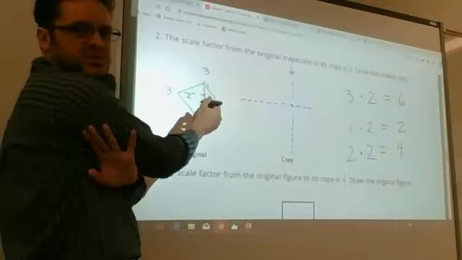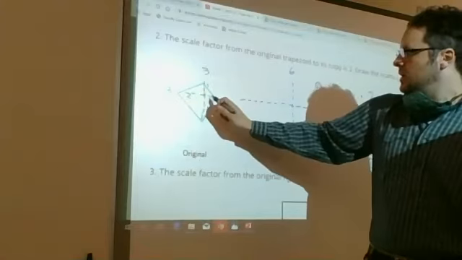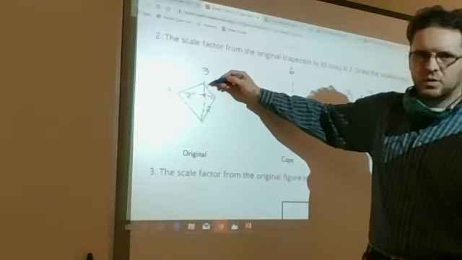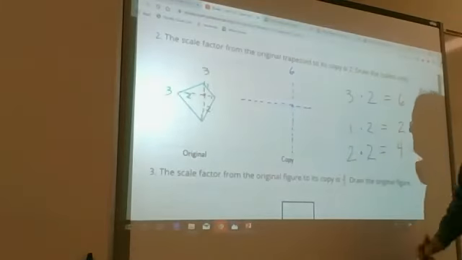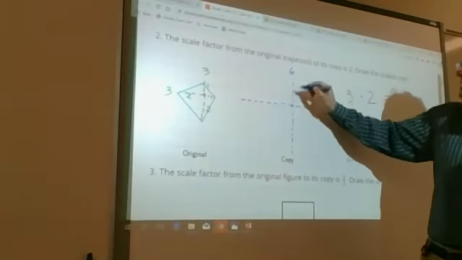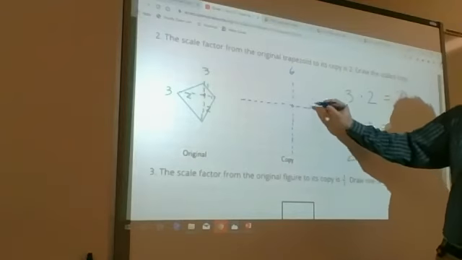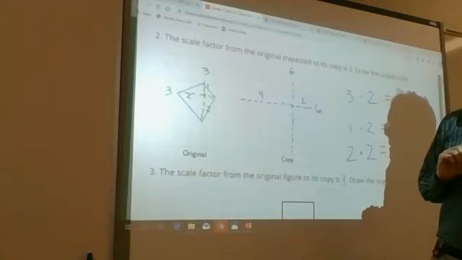So I know these numbers are really small and hard to read, but this line is 3, this line is 3. Where the lines meet, there's a 1 on this side, a 2 on this side, a 1 on this side, 2 on this side. Apply my scale factor. So now I have this line is 6 and this line is 6, but in terms of where they meet, I've got 2 on this side, 4 on that side.